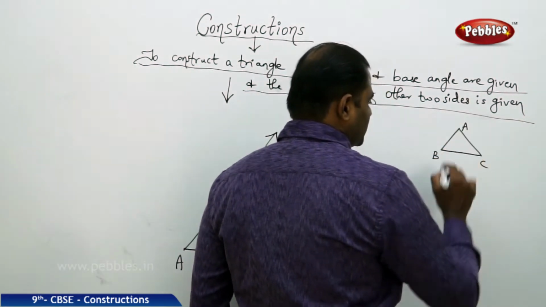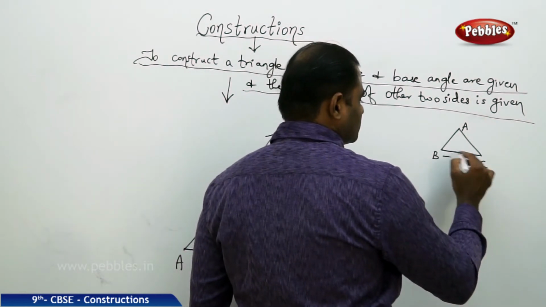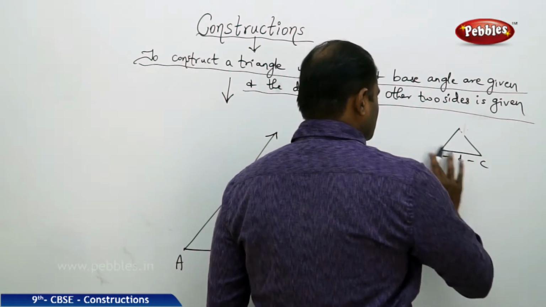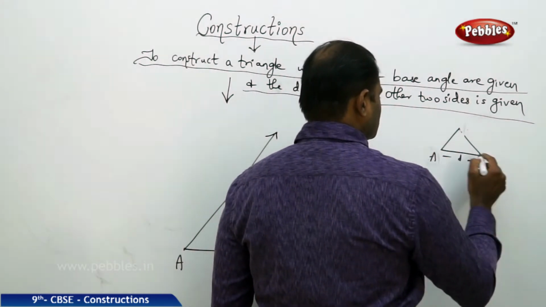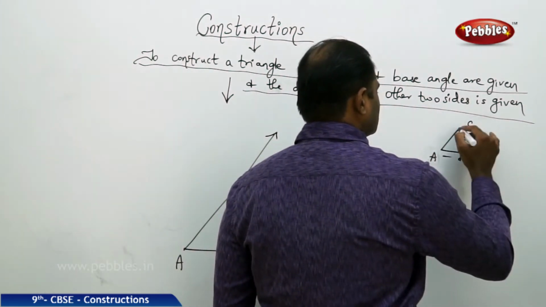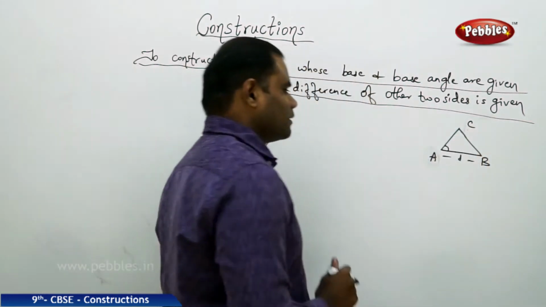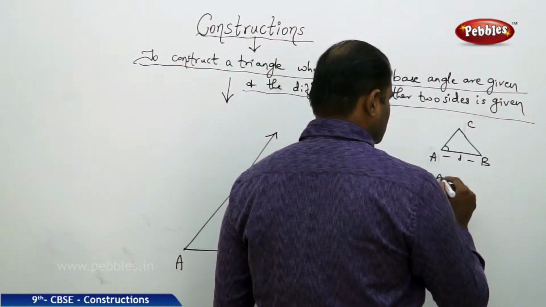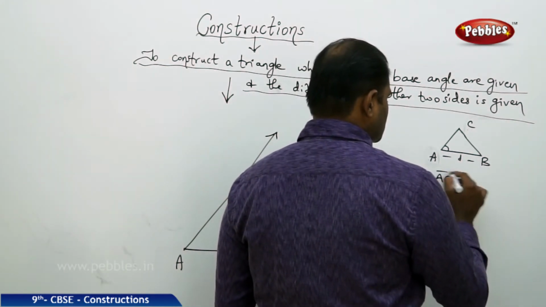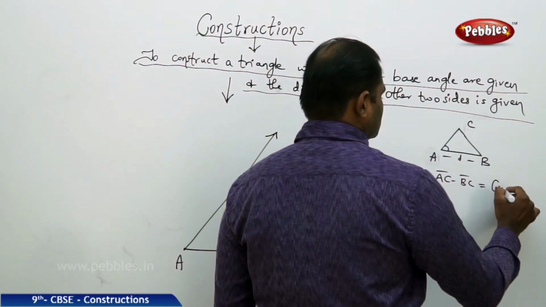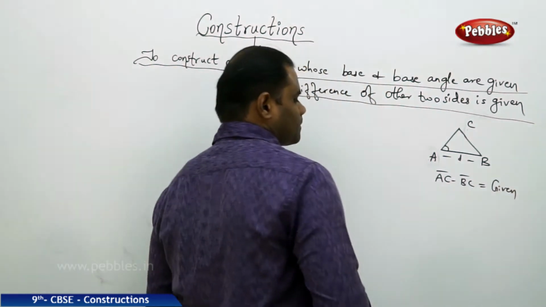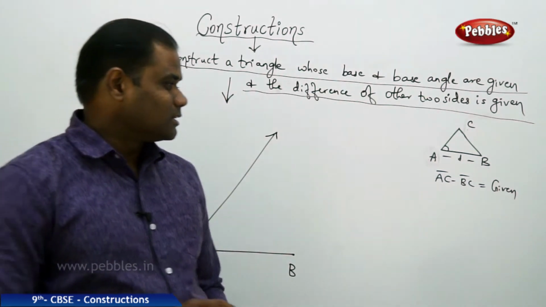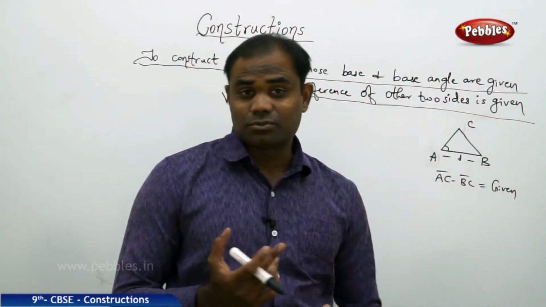Now the difference of two sides, say for example, if I take the construction diagram as a rough work, ABC, this is A, B and C, and this angle is given, then the difference of two sides, say AC minus BC, is given. Now this I take as case 1 because there is a possibility that BC minus AC also might be given.